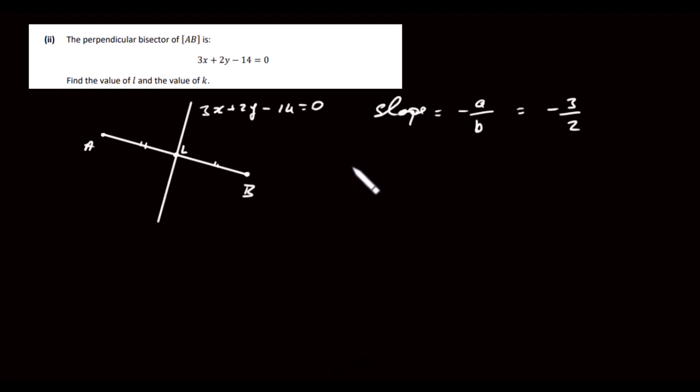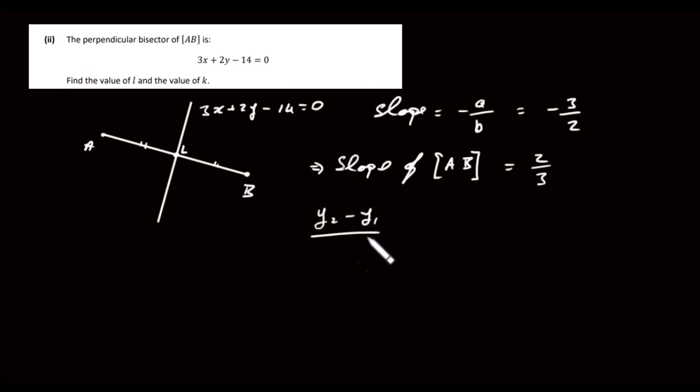So that means the slope of the line segment AB is going to be 2 over 3. Now we have a formula for slope. It's y2 minus y1 over x2 minus x1.